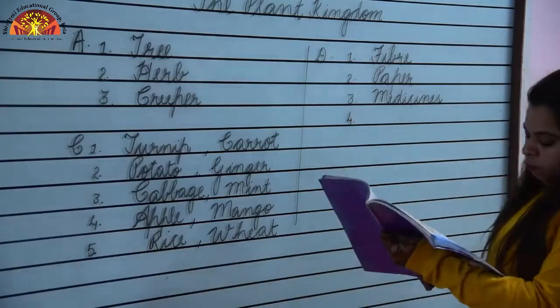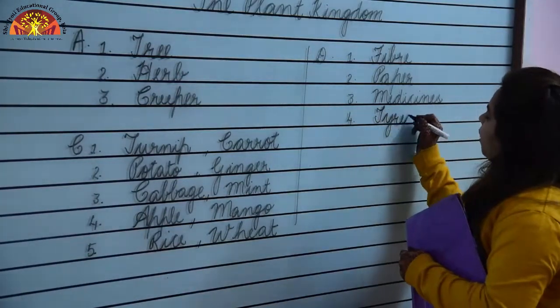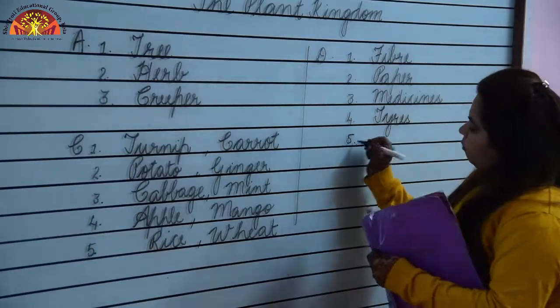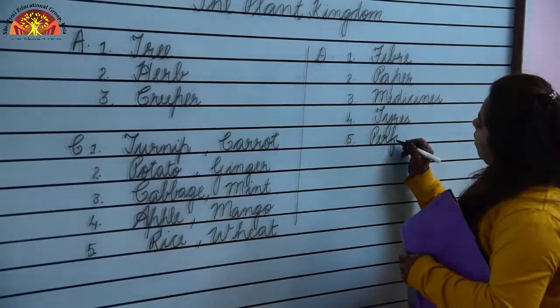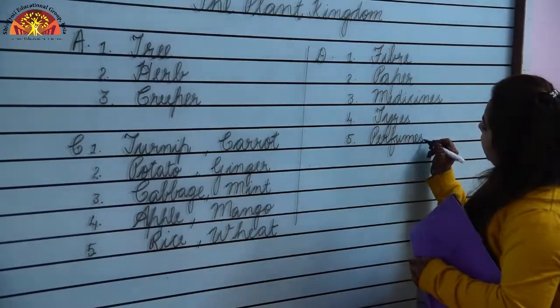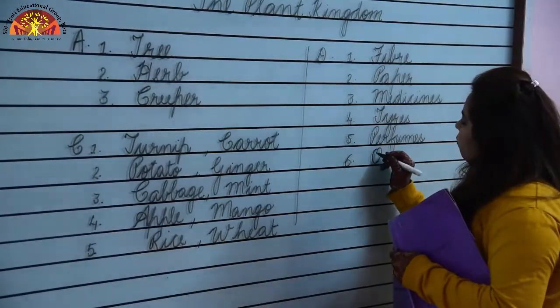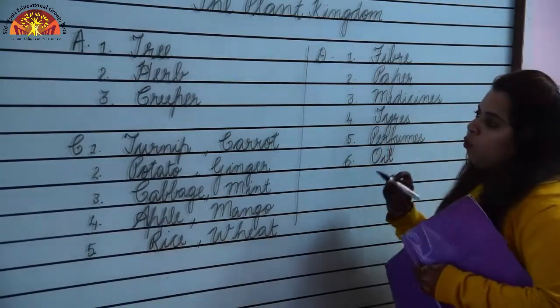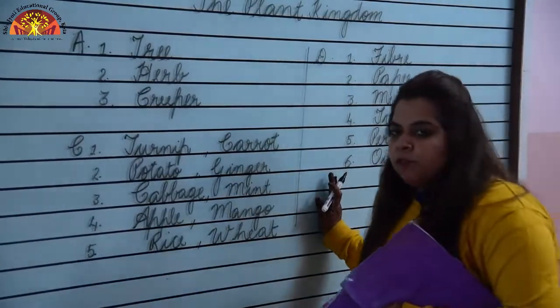Number 4, from rubber, what we make? We make tires, T-Y-R-E-S, tires. Number 5, from rose, what we make? Perfumes. Perfumes. And number 6, from coconut, what we make? We make oil. I hope you have understood and you must have learned all the spellings with me.